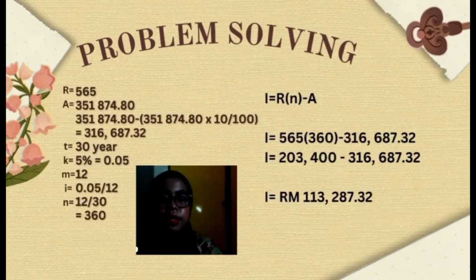Next, the problem solving, which is R equals 565 and A equals 351,874.80 minus 351,874.80 multiplied by 10 per 100. And get the answer.